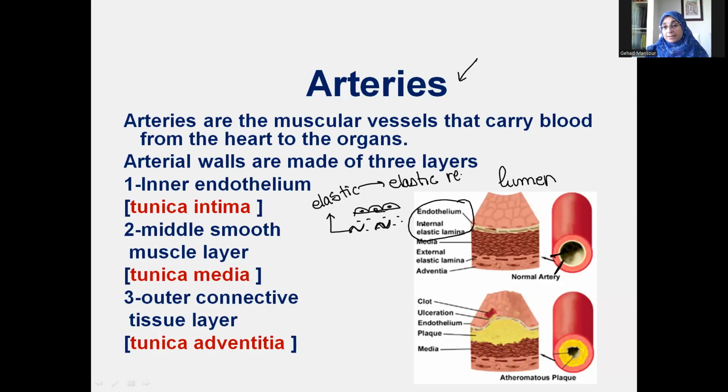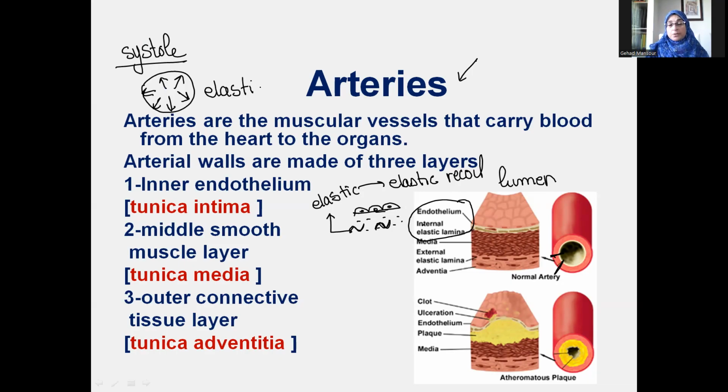And that elastic recoil is very important for the diastolic blood pressure, meaning that during systole of the left ventricle, for example, the aorta will expand because it will be receiving a new volume of blood, and elasticity will allow it to expand.